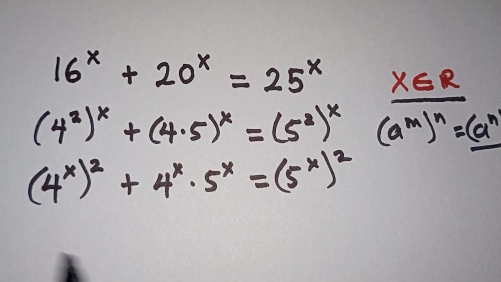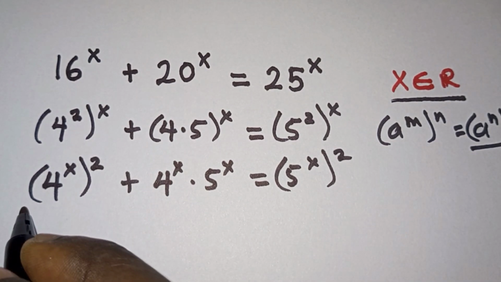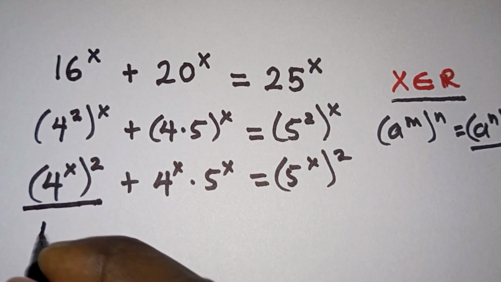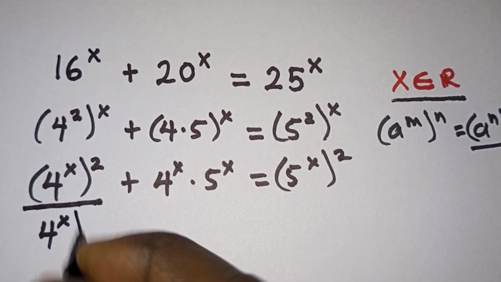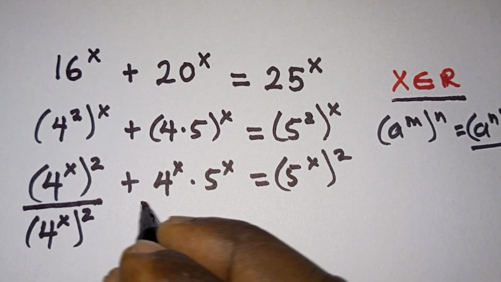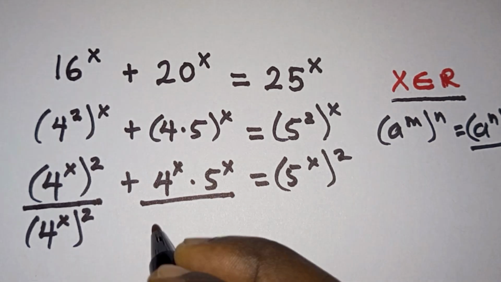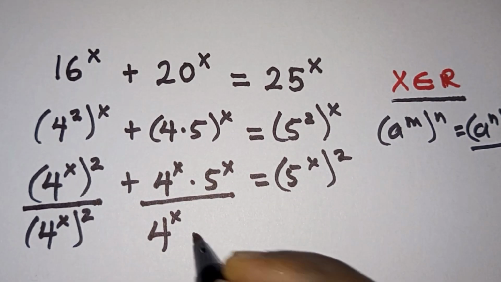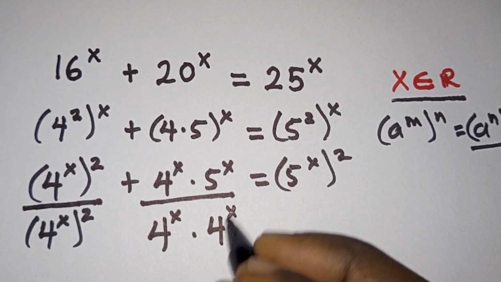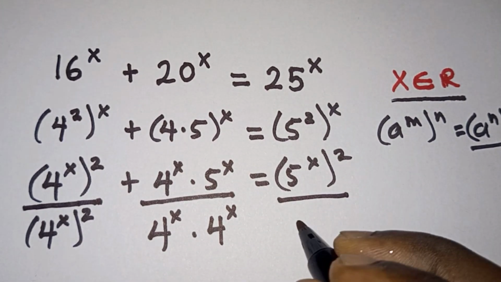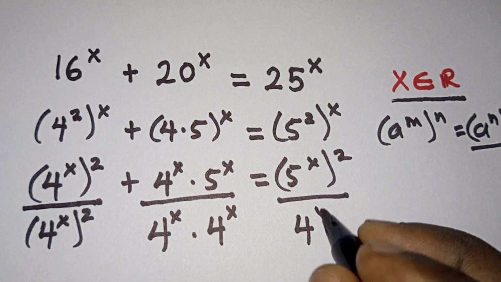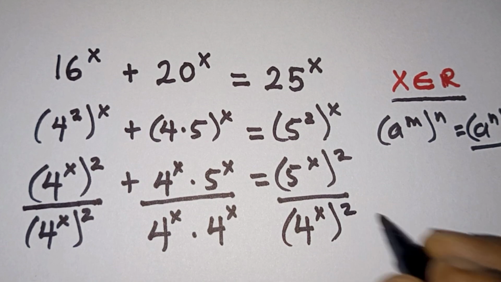Now let's go ahead and divide through by this term over here. So from here we're going to have 4 to the power x all to the power 2. Then this side, 4 to the power x all to the power 2 is the same as 4 to the power x times 4 to the power x. Then from here, we will have 4 to the power x all to the power 2.